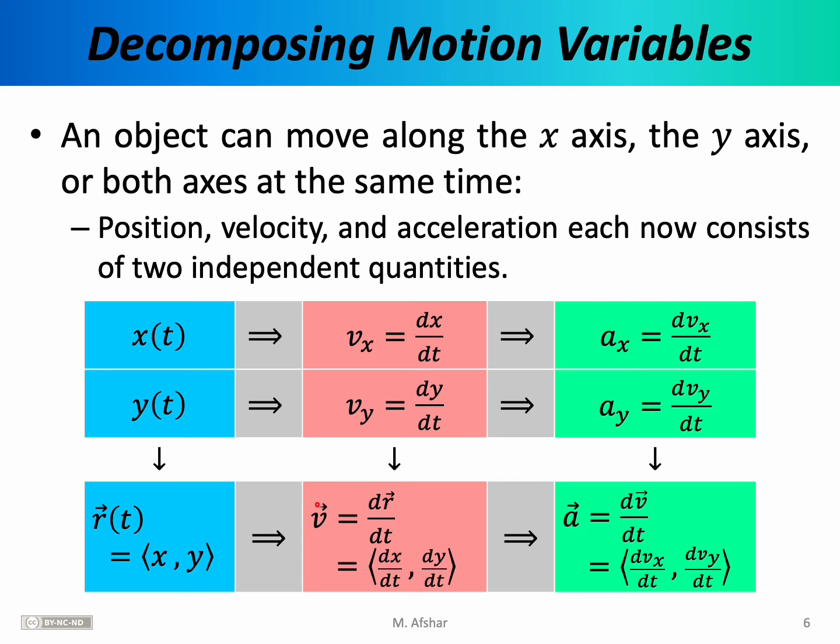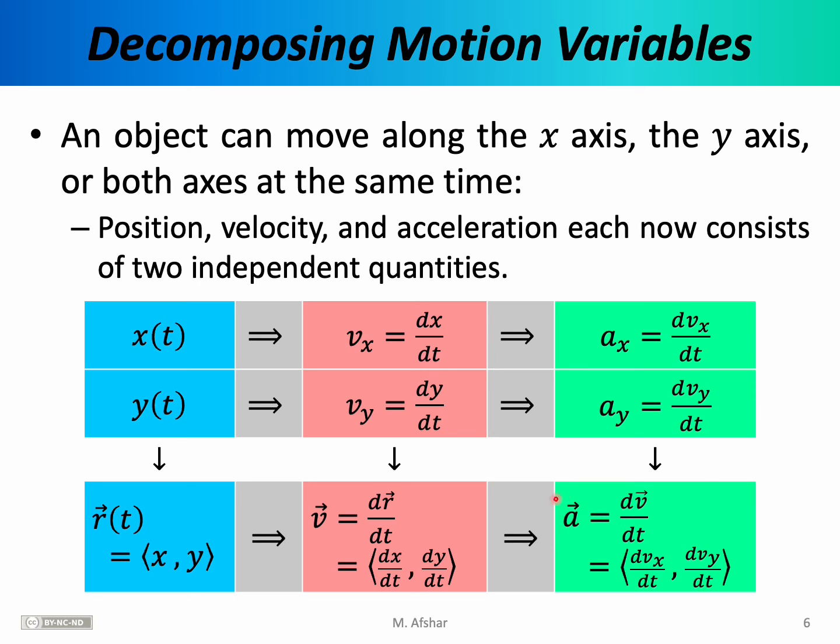Again, the arrow above the v reminds us that we're talking about two distinct quantities, v sub x and v sub y. V sub x is the rate of change in x, and v sub y is the rate of change in y. We'll often simplify the equations by simply writing v is equal to dr dt, but remember that these arrows are reminding us that there's actually two distinct components that we must worry about.